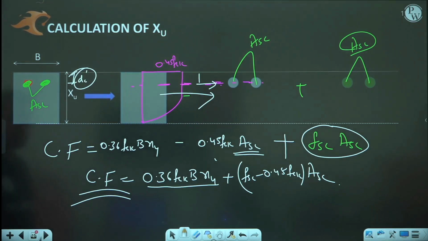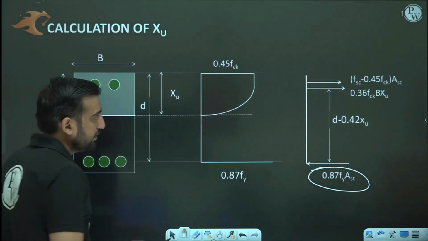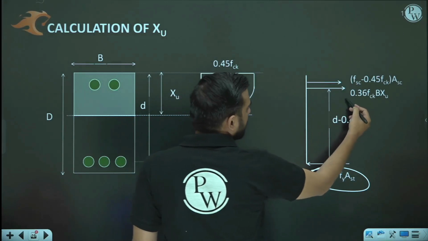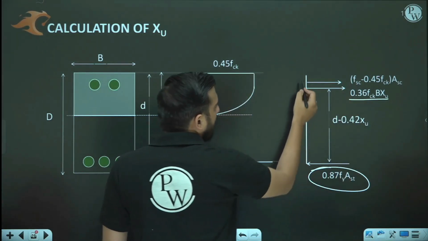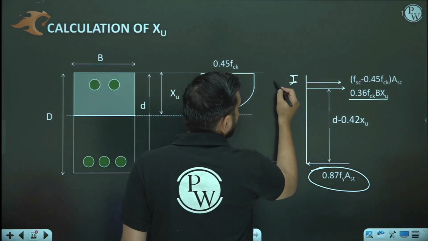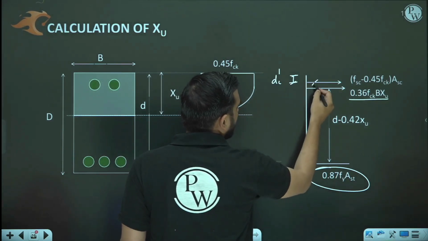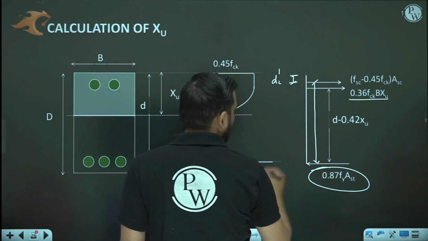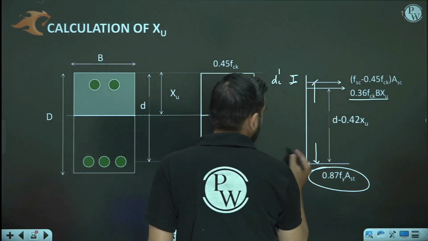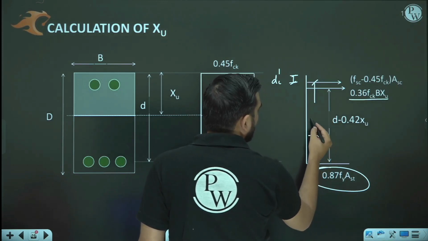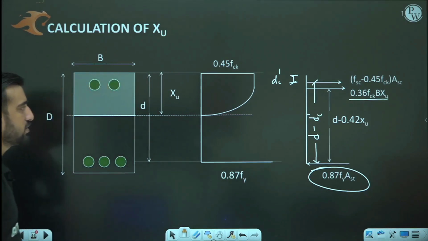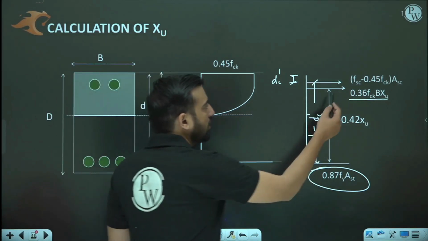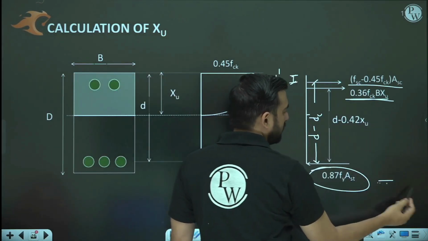So 0.36 FCK B XU is located at a distance of D minus 0.42 XU, and this is located at a distance of DC, and the lever arm for this is again quite simple. It is D minus DC dash. So this is the calculation of XU. This plus this is equal to this.